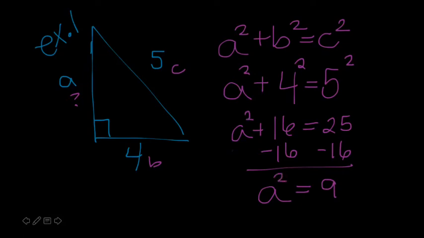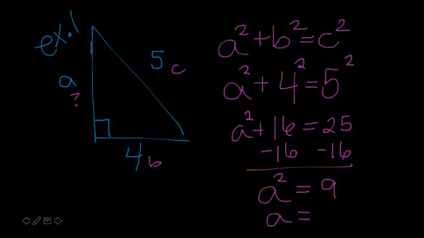Just because my a is squared doesn't mean it's any different when it comes to solving this equation until the end. Once we get to the end, then we've got an extra step to find a instead of a squared. Okay, so again, if we look at my process, I didn't do anything different than if it had been a plus 4 squared equals 5 squared.